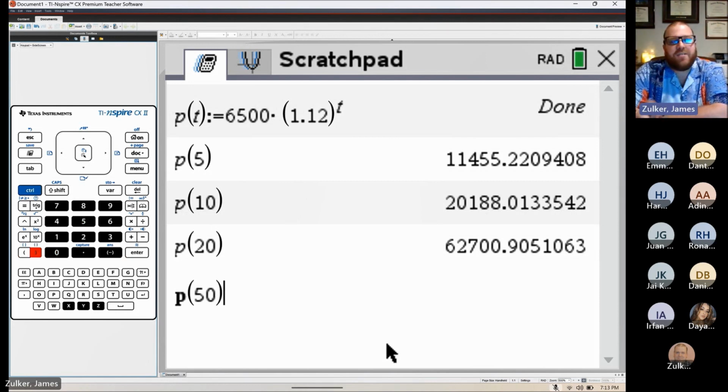P of 50. So what do we think? From 5 to 10, it about doubled. From 10 to 20, it looks like it tripled. So what about from 20 to 50?